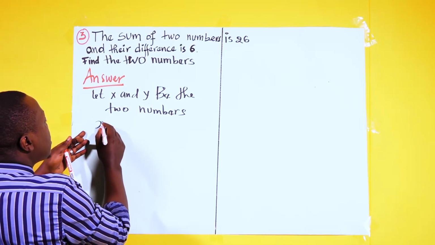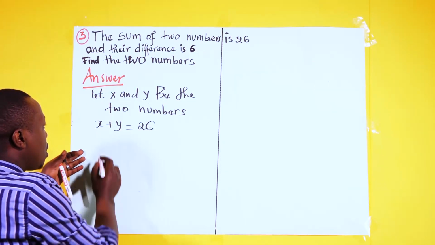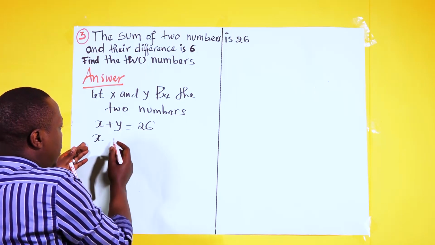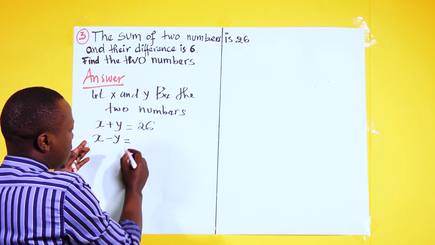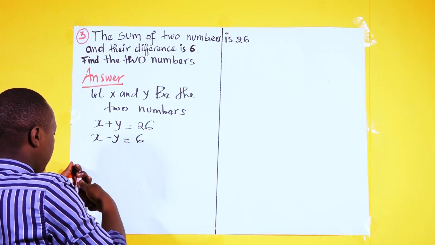So when you take x plus y, the answer is 26. When you take x, which is the bigger number, minus y, the answer is 6. And this is a system.